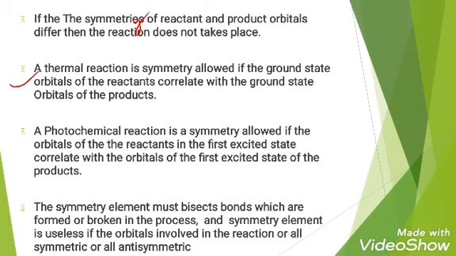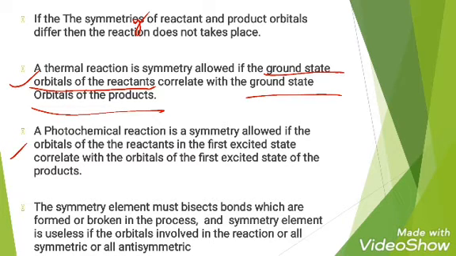So the condition for a thermal symmetry allowed reaction is that the ground state orbitals of the reactants must correlate with the ground state orbitals of the product. Then only is the thermal reaction symmetry allowed.